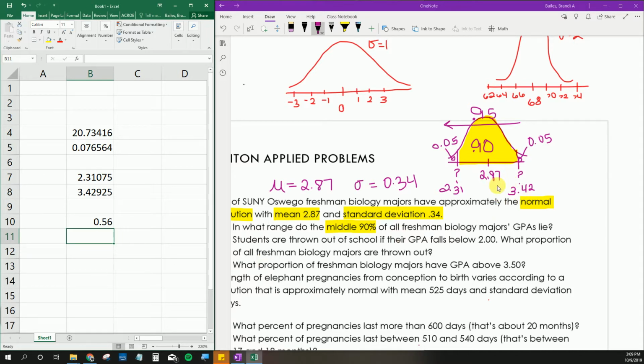I can do it either way. If I subtract that from that, I'll get a negative, and if I subtract that from that, I'll get a positive. Let's do it the same way. So equals 3.42 minus 2.87. Try that again.